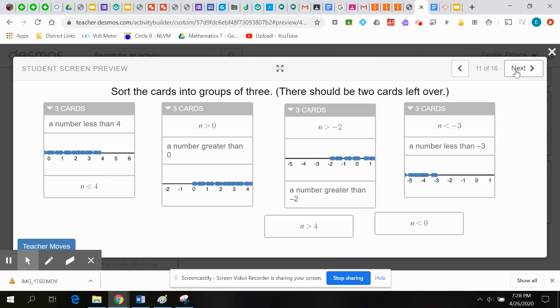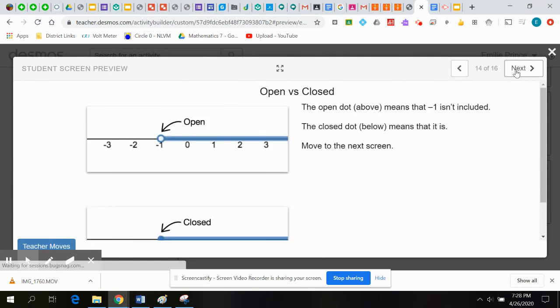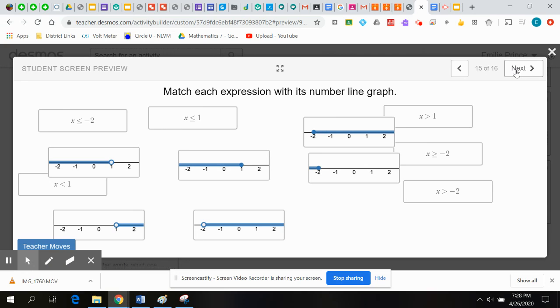All right, let's go to slide 15. Slide 15 was a little bit more challenging. We have less than, greater than, less than or equal to, greater than or equal to. Remember, x is less than or equal to -2. That means -2 is a solution. So -2 should have a solid closed-in circle.